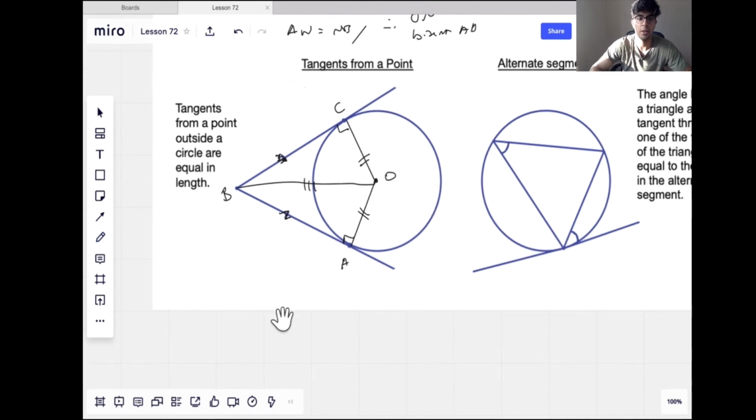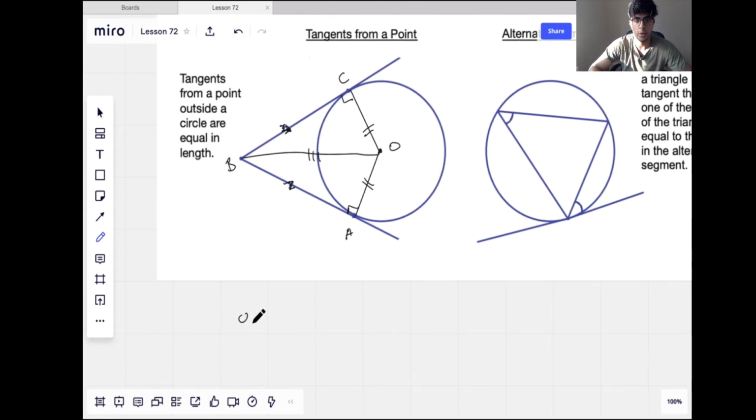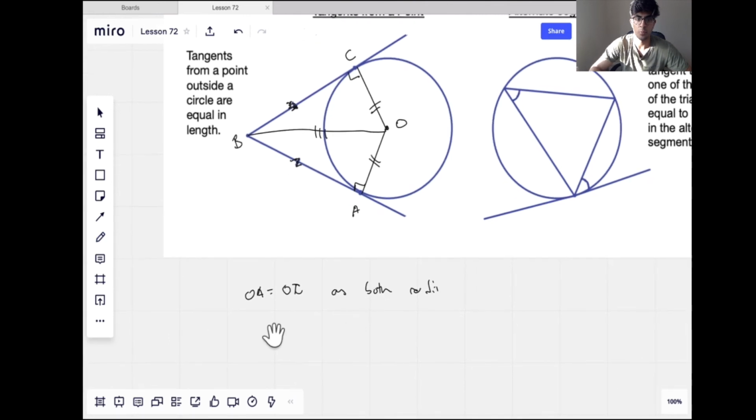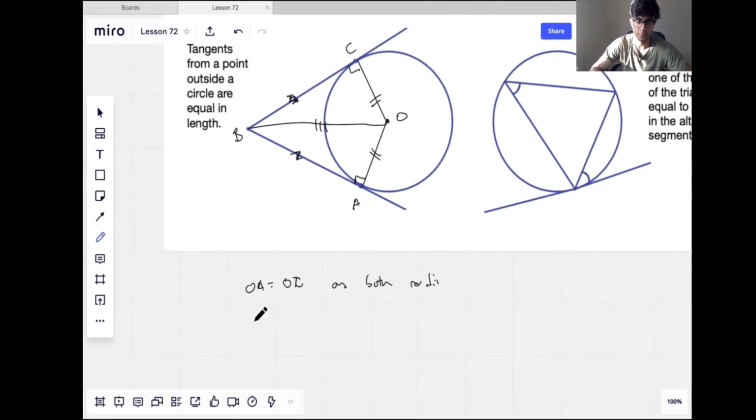And we can say OA is equal to OC as both radii. We know that's true. We know also that angle OCB is equal to angle OAB, which is equal to 90 degrees, from the theorem above, so tangent meets radii at 90 degrees.